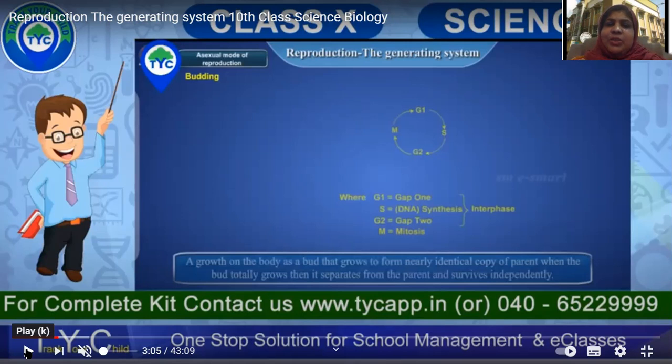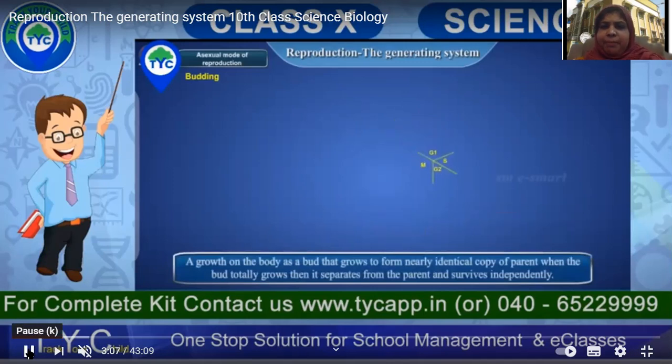If you see the cycle of budding, G1 is gap 1, S is DNA synthesis, G2 is gap 2, and M is mitosis. Mitosis and meiosis division you have already studied, and you know how they take place. This is the whole process of budding that takes place in asexual reproduction in plants.